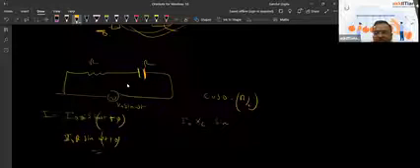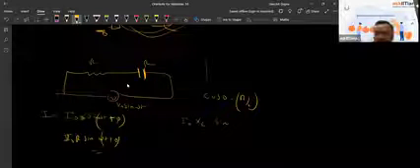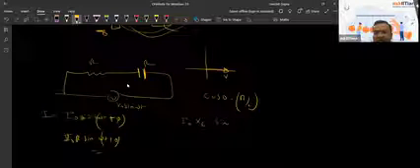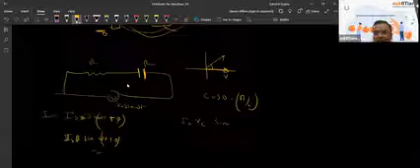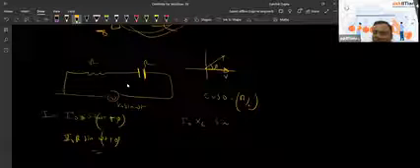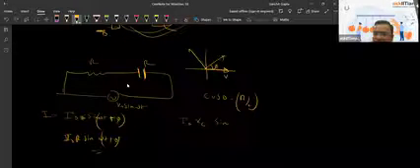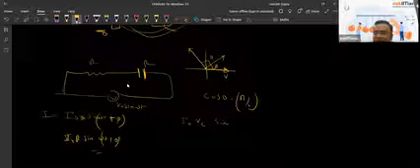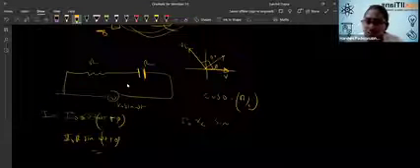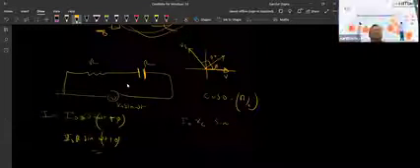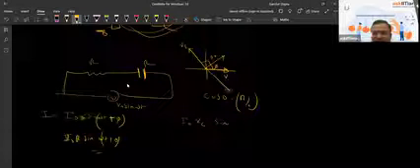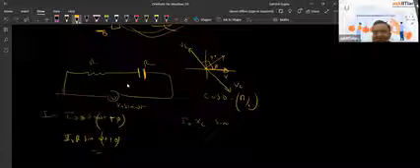See the phasor diagram: the voltage is this, and the current leads by angle phi. The capacitor voltage lags the current by 90 degrees. This is VC. Capacitor voltage lags.